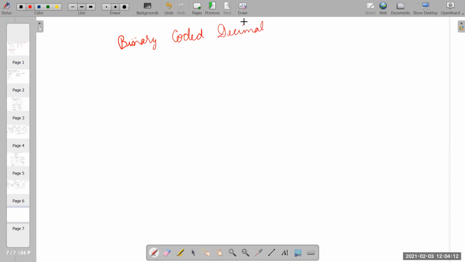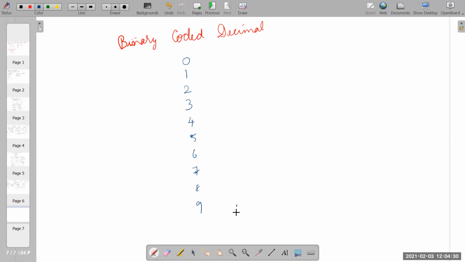Okay, so we know what the decimal numbers are? 0 to 9. These are the decimal numbers. If you want to code it binary wise, what is 9 actually in binary?